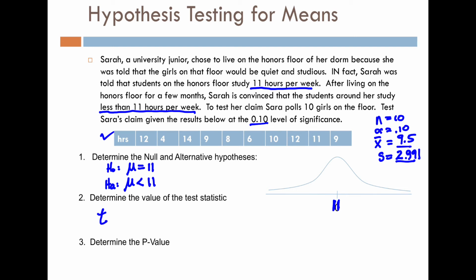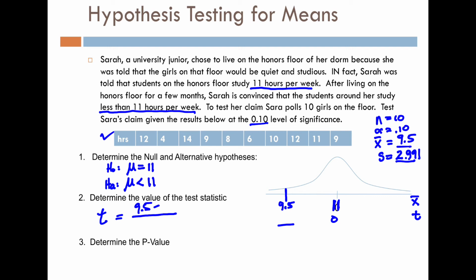What we found is that the students fell, indeed, as she suspected, below 11. They fell down at 9.5. So if this is my distribution of means, for the t-values that correspond with those, we would have 0. And now we need to figure out what is the t-value that corresponds to 9.5.